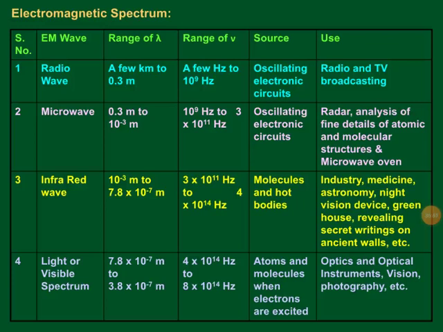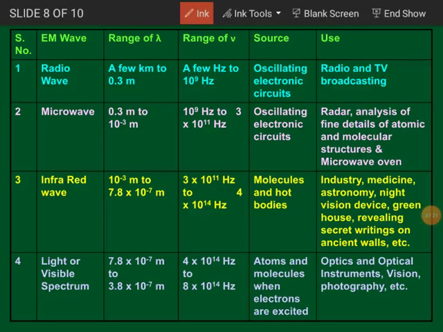Let's see these different forms of electromagnetic wave, which we call the electromagnetic spectrum. In this spectrum, as the syllabus has been reduced, you need to know the range of the electromagnetic spectrum, in increasing order of frequency or decreasing order of wavelength. You should know the source of each wave and also its uses.